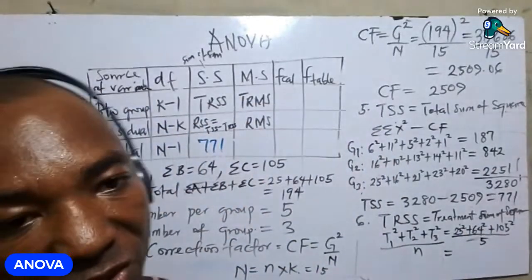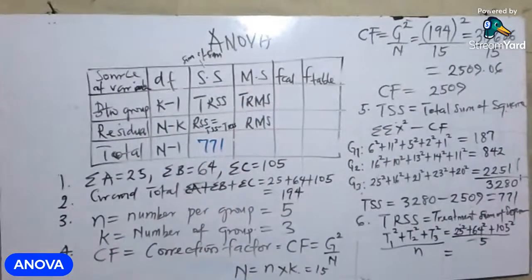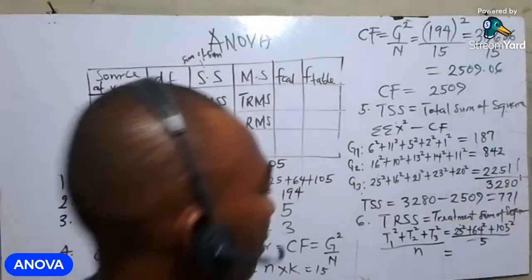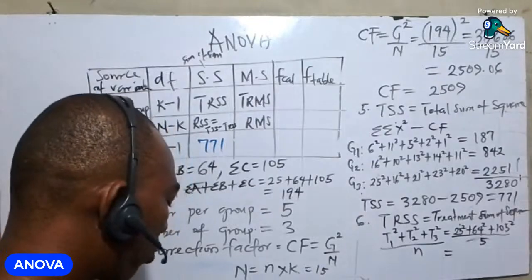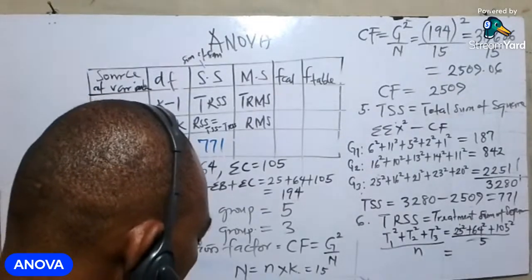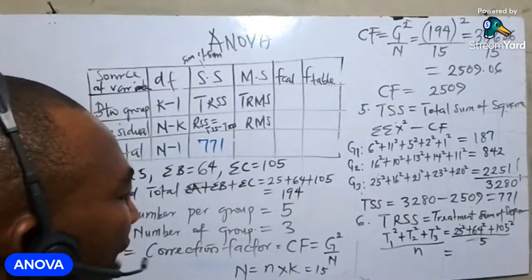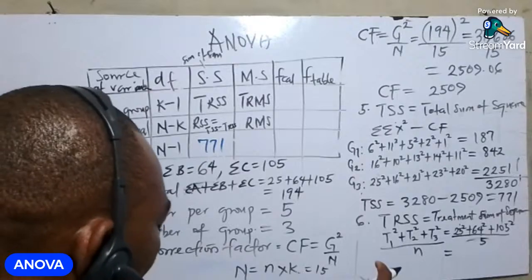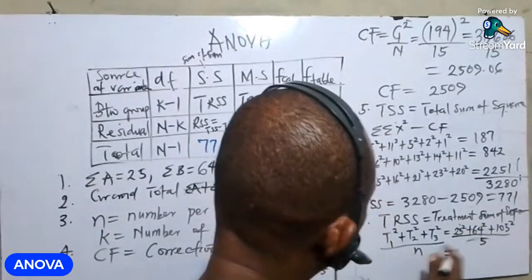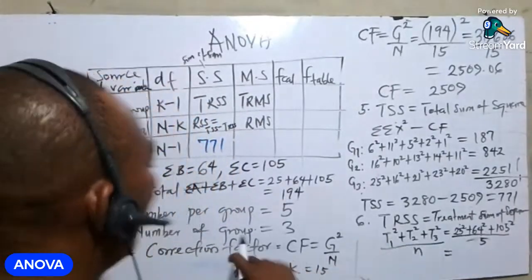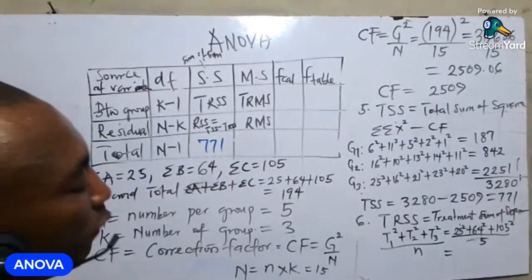So can we find this now? If you can see my screen there, can you confirm that? Okay, thank you, Mr. Babs. So let's square this now. Whatever answer we get in this place, you are taking your correction factor away from that.